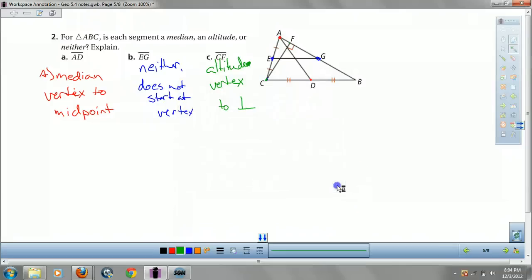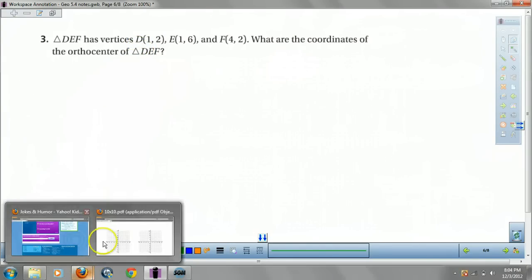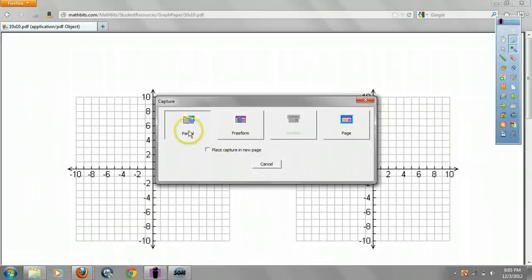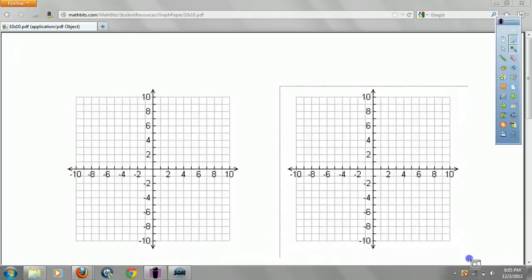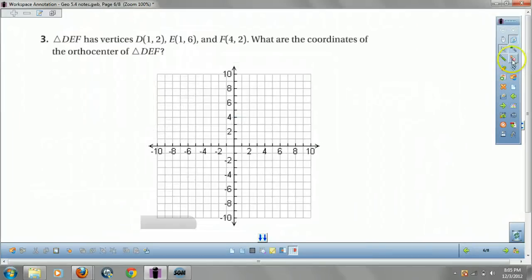We have a triangle with vertices. Got to find the orthocenter. Let's find some graph paper again. Here's some graph paper. Watch this. You're going to be a whole part of this process. Okay. So we have the point 1, 2.